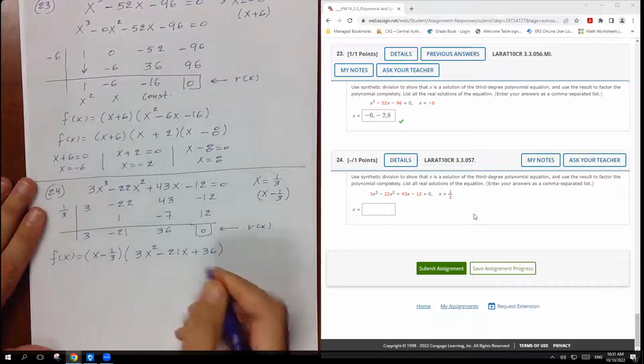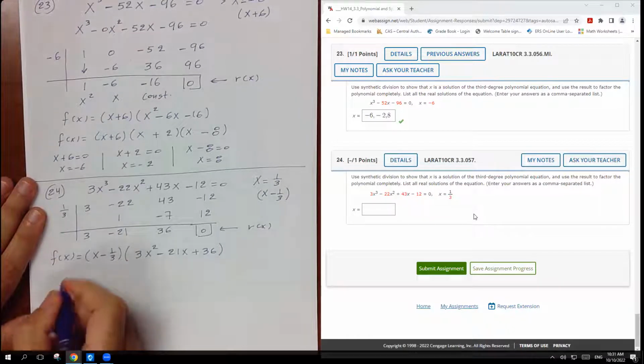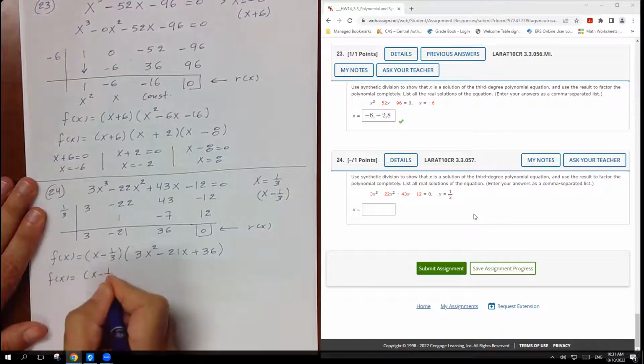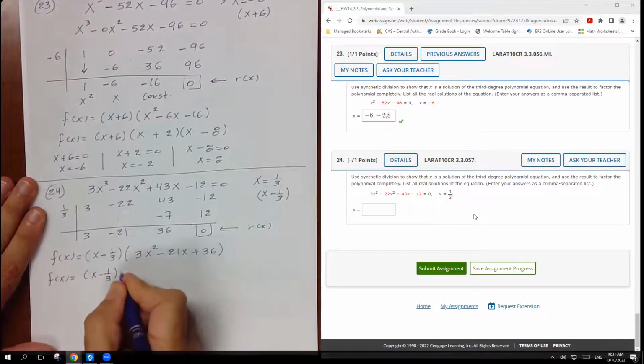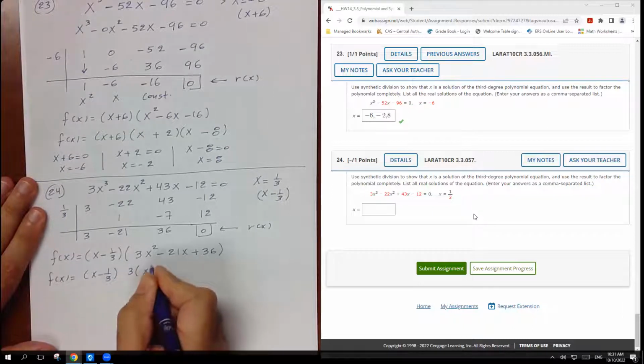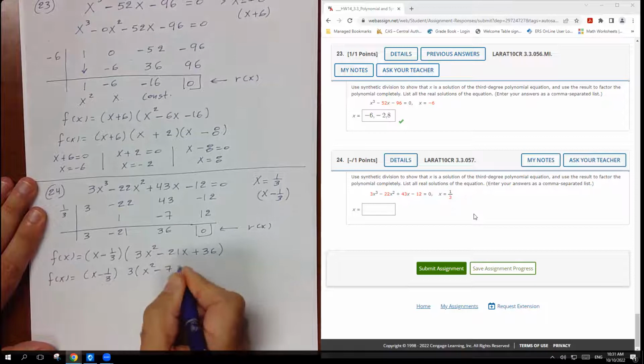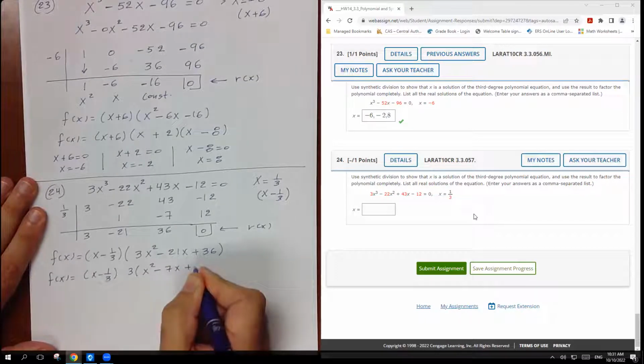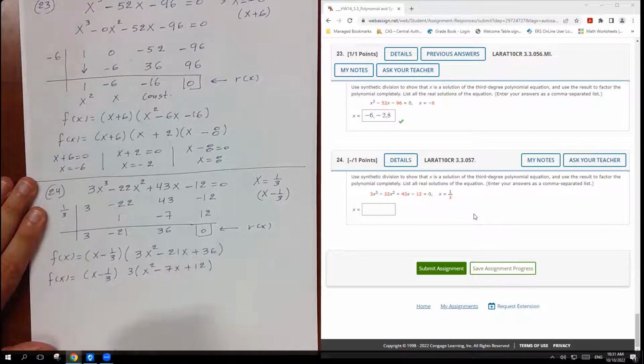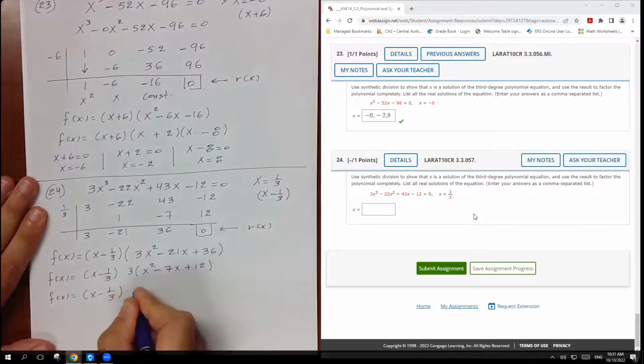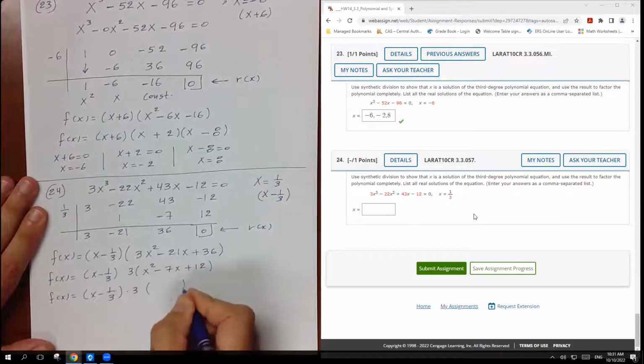The next step, I need to factor this one. That means f of x is going to be x minus 1/3. I'm going to take the 3 as a GCF. So it's going to be x squared minus 7x plus 12. So here f of x is going to be x minus 1/3, and here is the 3.